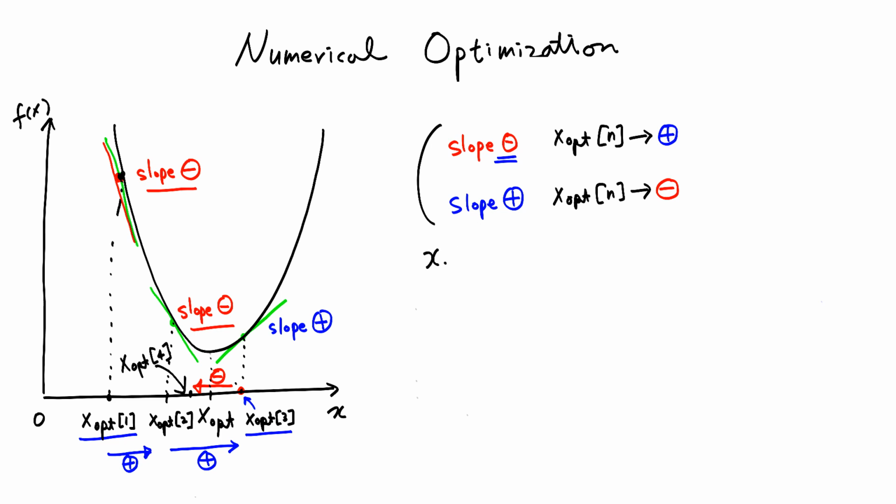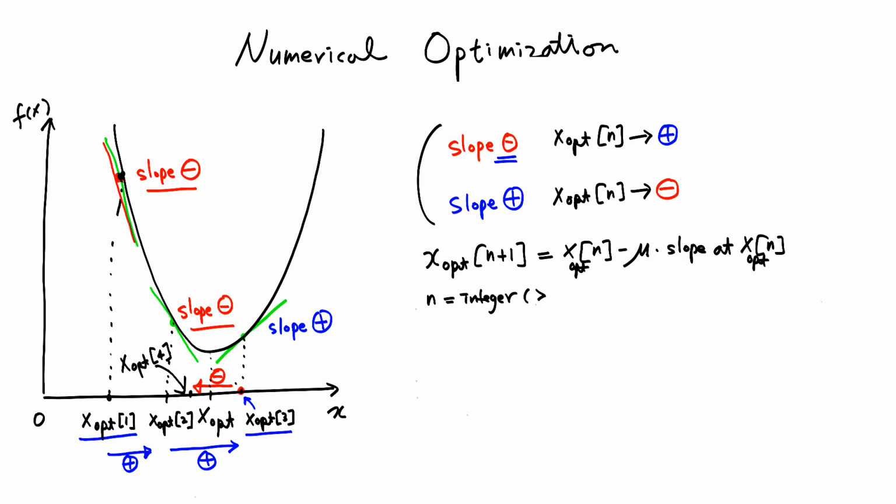So x opt of n plus 1 is equal to x opt of n minus mu times the slope at x opt of n. This n is, again, an integer, and for this specific case, we can say greater or equal to 1.